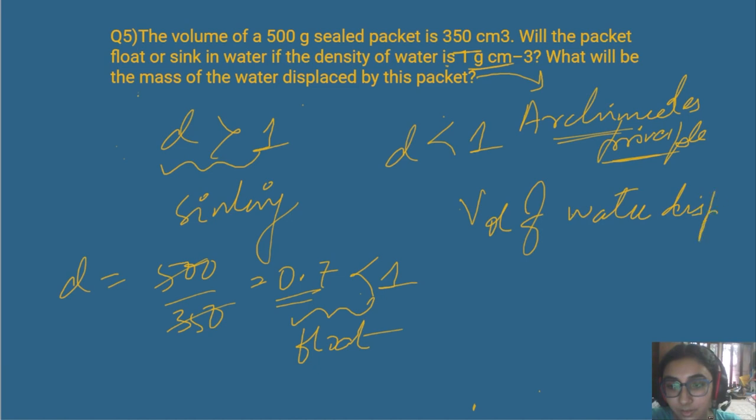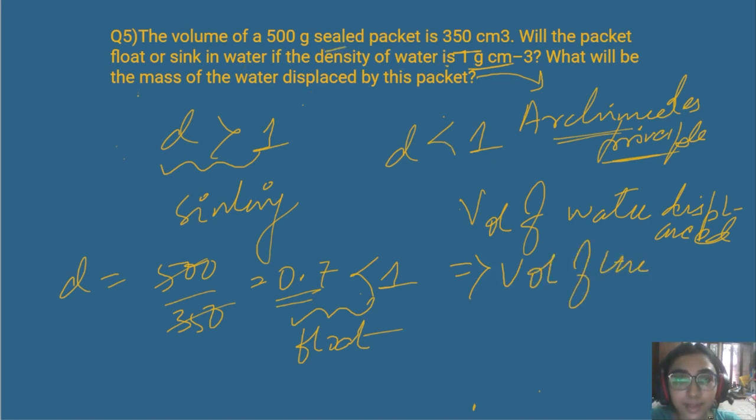So what we can say here is that the volume of water displaced is equal to the volume of the sealed packet, right? Packet, I'll just write in short form, which is equals to 350 centimeter cube.